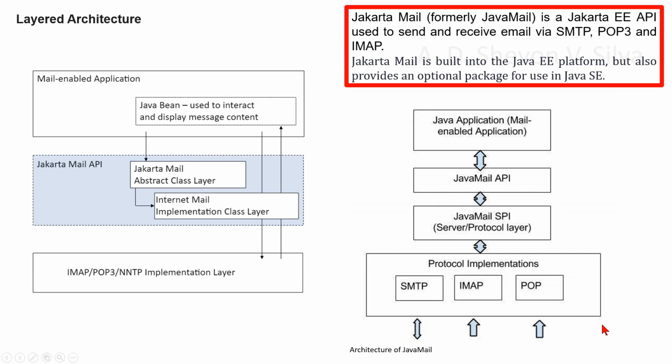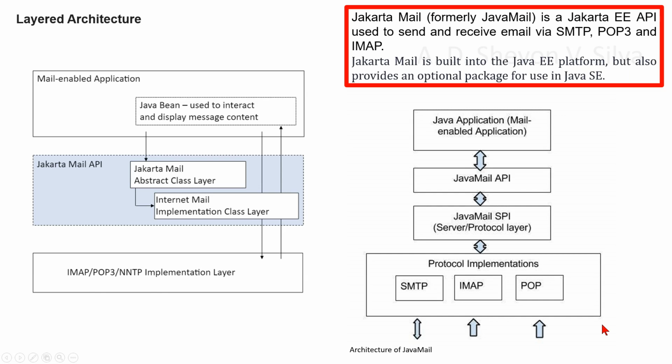The JavaMail architecture provides a protocol-independent access for sending and receiving messages. This abstract mechanism is similar to other Java J2EE APIs such as JDBC, JNDI, and JMS.